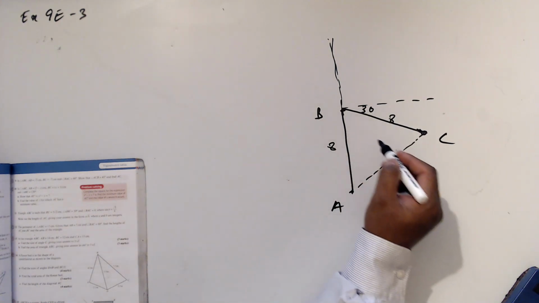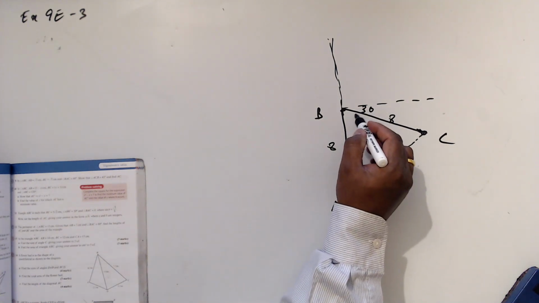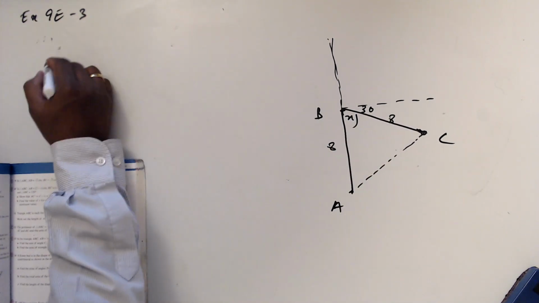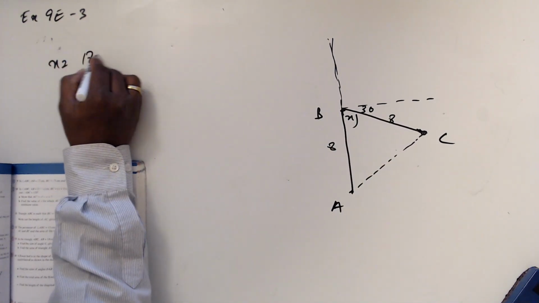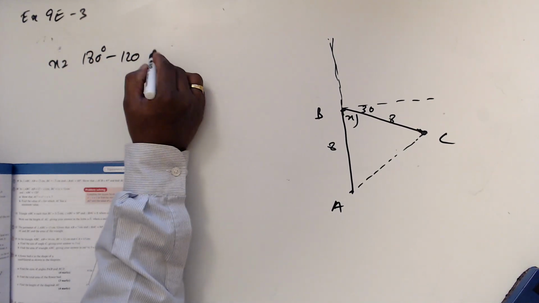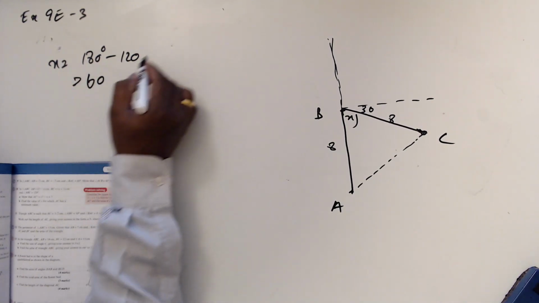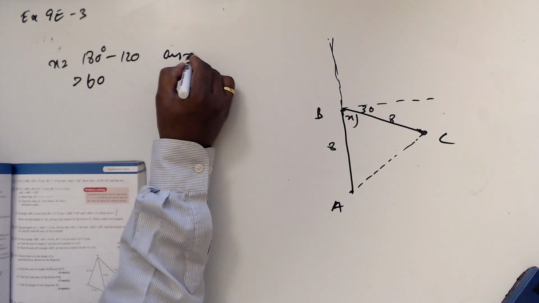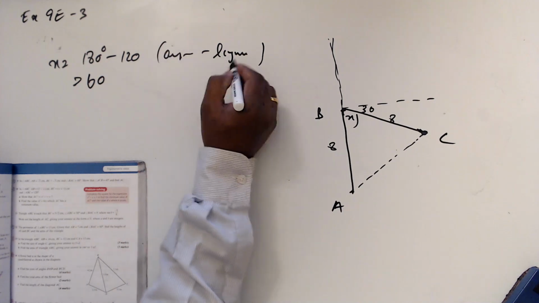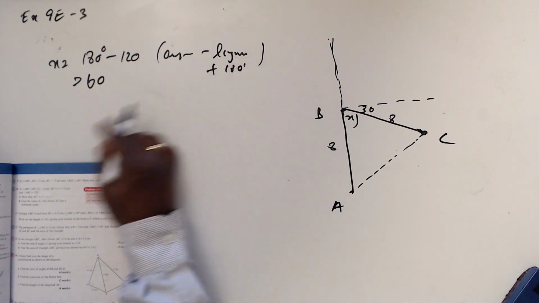So this is, let's say, x. So x is going to be 180 minus 120, which is 60. So angles in a line add up to 180, right?